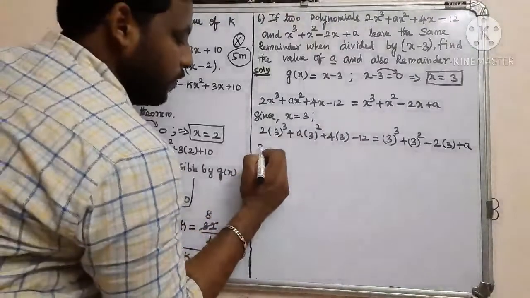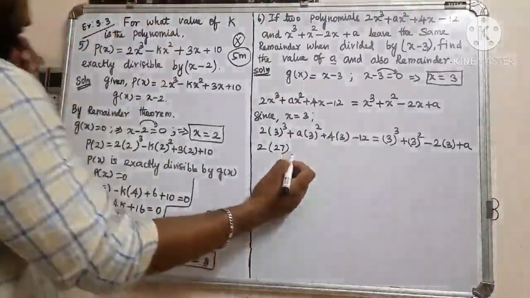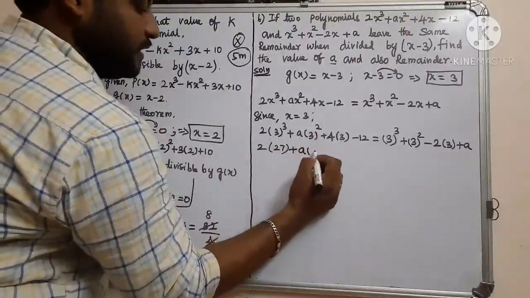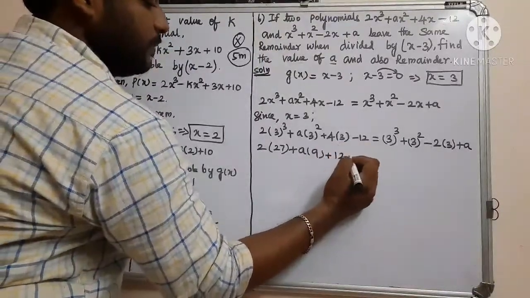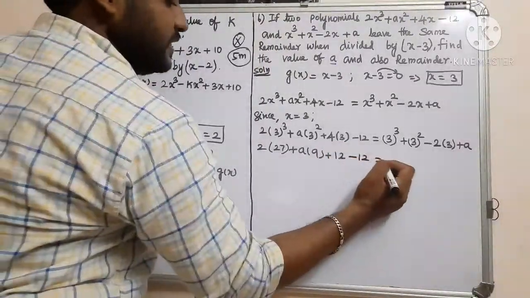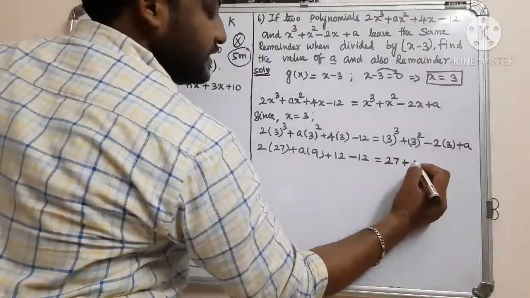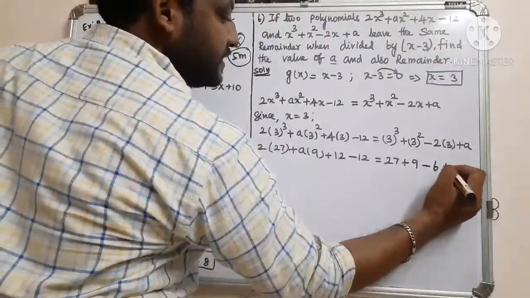So 3 cube is 27 plus a into 3 square is 9 plus 4 3s are 12 minus 12, which is equal to 3 cube is 27 plus 3 square is 9 minus 2 3s are 6 plus a.